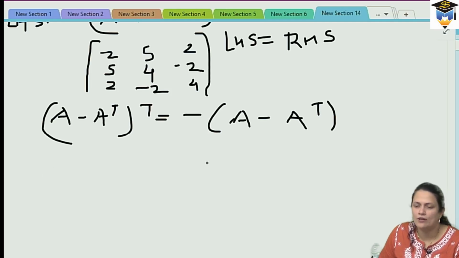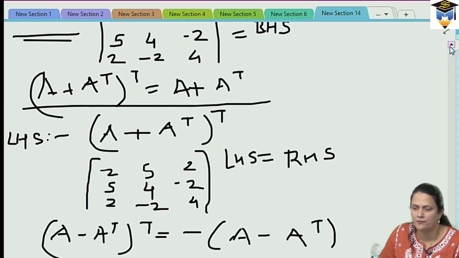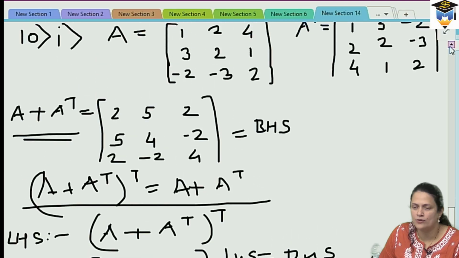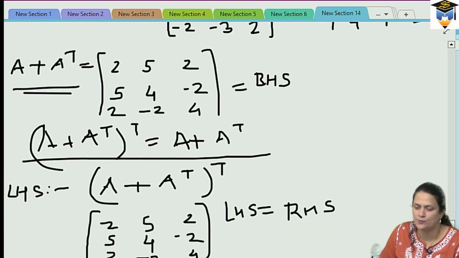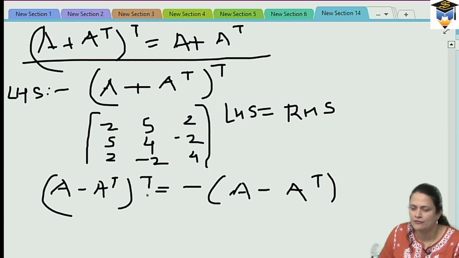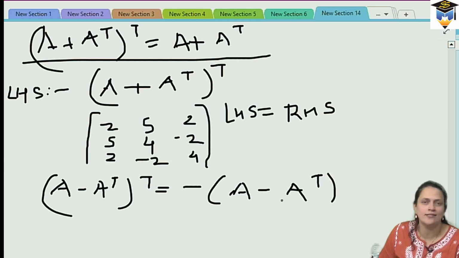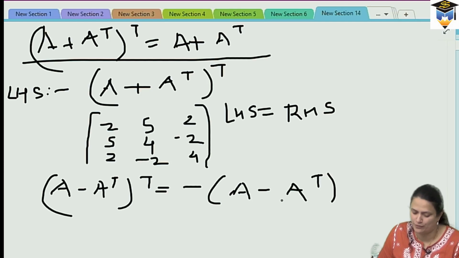Okay, so now this was our A. You know what was our A? This was our A and this is our A transpose. So we are going to first find out what is A minus A transpose. If this condition is satisfied, then we will say it's a skew symmetric matrix.